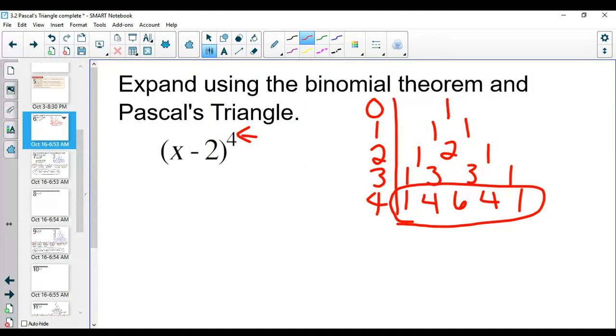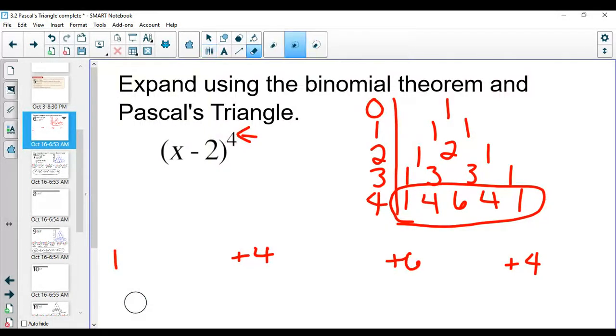Nothing crazy here, just write out your numbers with some space between them. I usually can't fit them all on one line, so you can write them spaced out if you need to, like this. I'm going to leave myself a little more room in that corner. Okay.